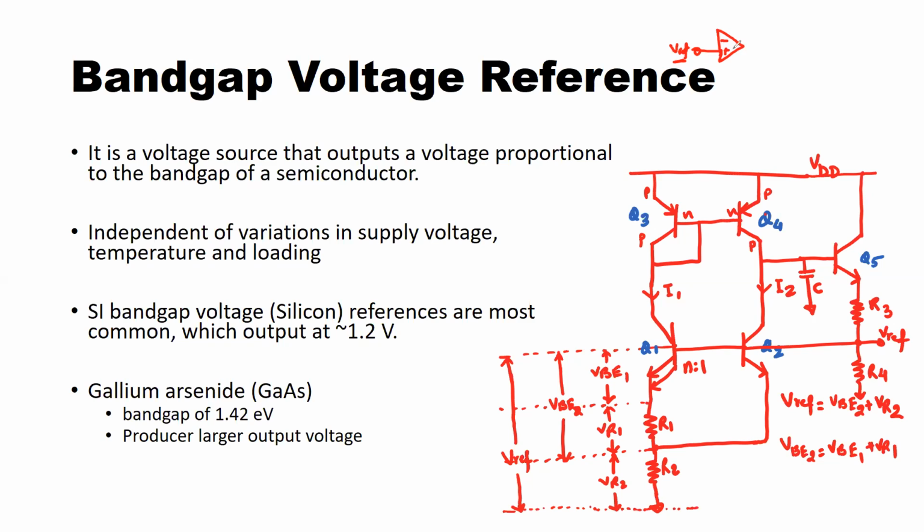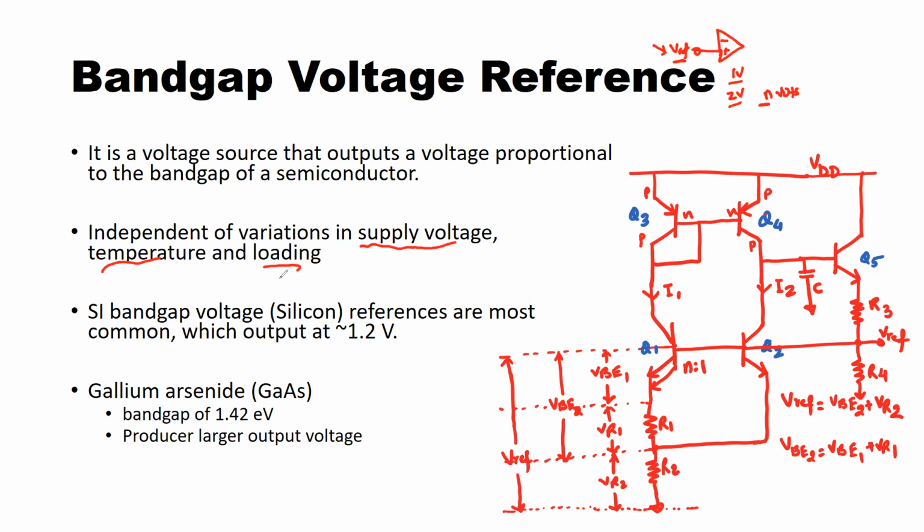If there is a fluctuation in the loading condition or any systematic error in the circuit, the reference voltage should always be nearly constant, whatever the fixed value is, for example, 1 volt, 2 volt, or n volts. That value should remain constant irrespective of these three parameters: supply, temperature, and loading.